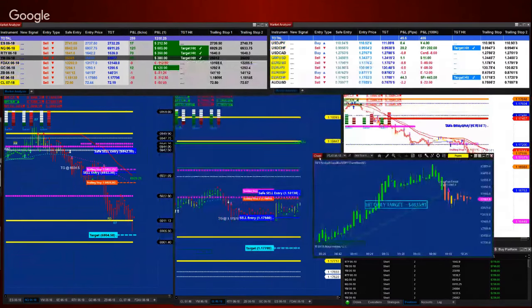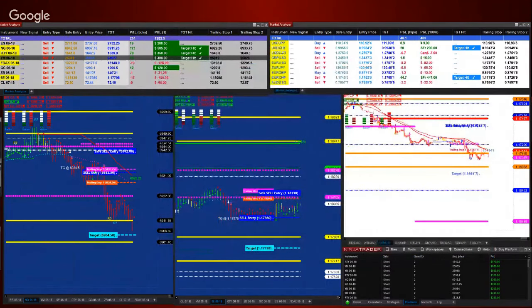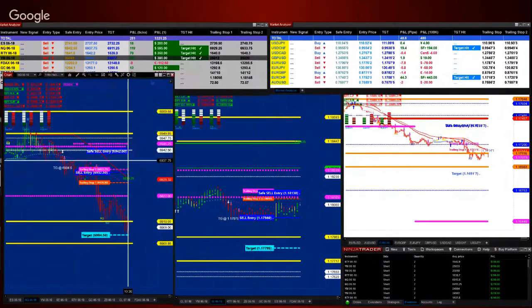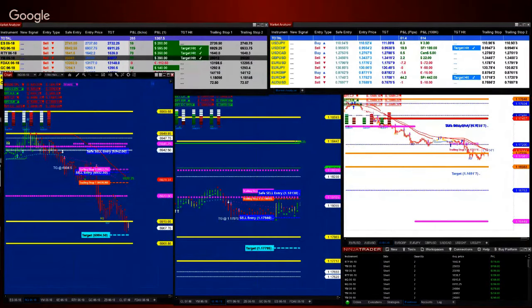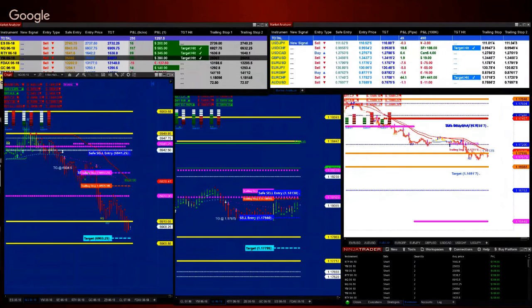So let's go ahead and try to understand what's going on in the market. Actually, I like to highlight some of the scalping before we start.